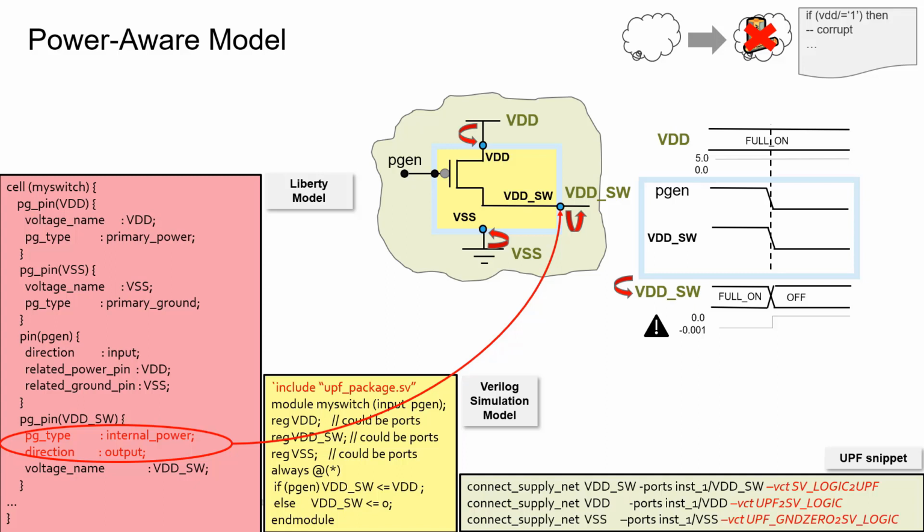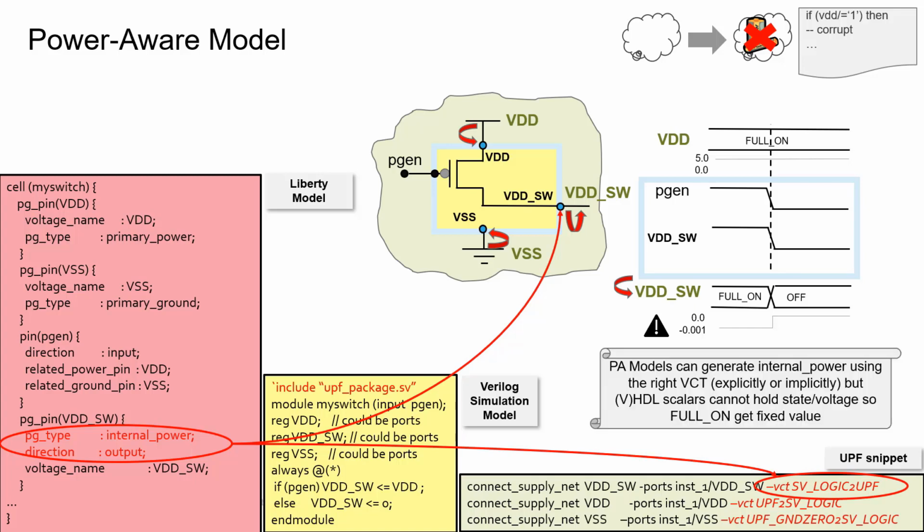That means that you will convert the 0 into off, the 1 into full on. However, the problem is that with one register, you can handle the state, full on, off, but you cannot handle the voltage. In other words, power-aware models can generate internal supply power very well, but they will not hold state voltage. So they only handle state accordingly.